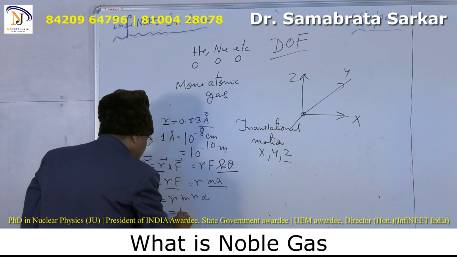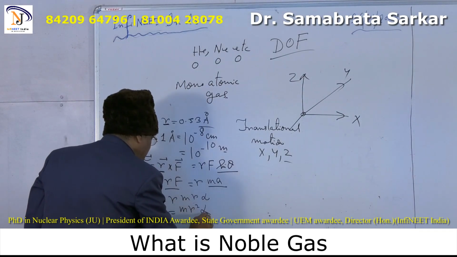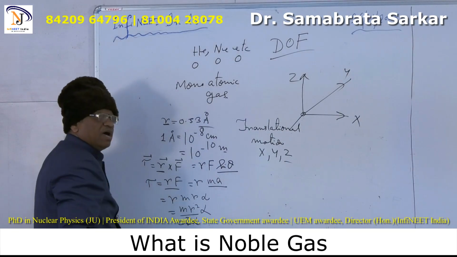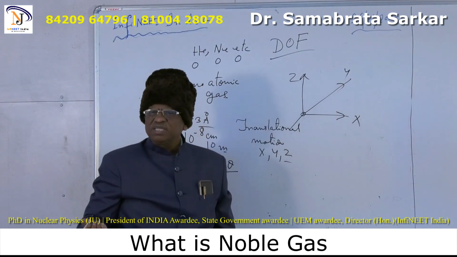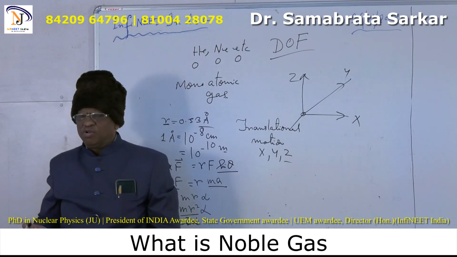Then what you are getting? M into r square into alpha, and this is nothing but I into alpha. Okay, clear?